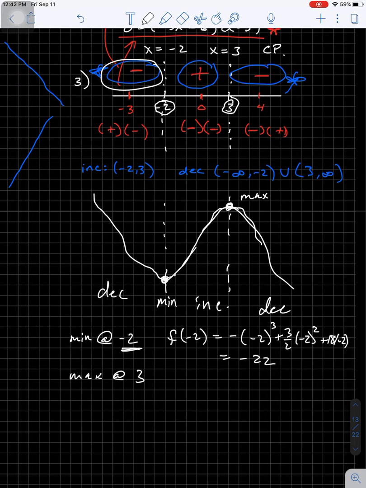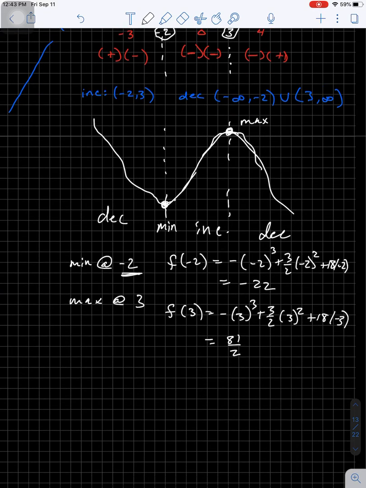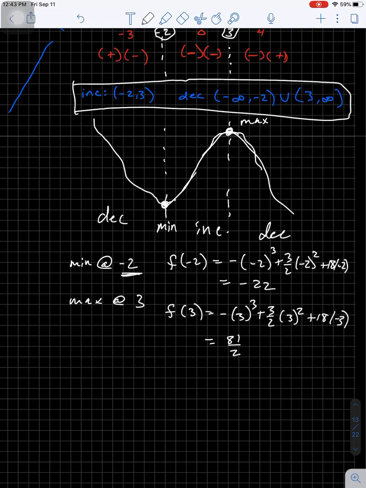Okay, and then when I plug in 3, I get 3 cubed plus 3/2 times 3 squared plus 18 times 3, and I got 81/2 out of this. Okay, so to answer the question, here's the first part. I'm increasing on and decreasing on those intervals, and then I've got a minimum at -2 of -22, and I've got a maximum at 3 of 81/2.